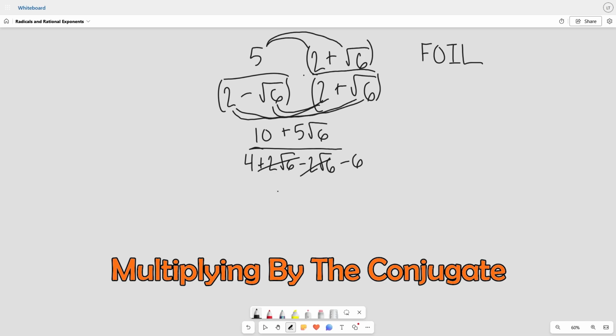We have 10 plus 5 square roots of 6 over 4 minus 6, which is negative 2. You can go ahead and apply the negative to the whole expression here. And there you have it. That's how you use a conjugate.